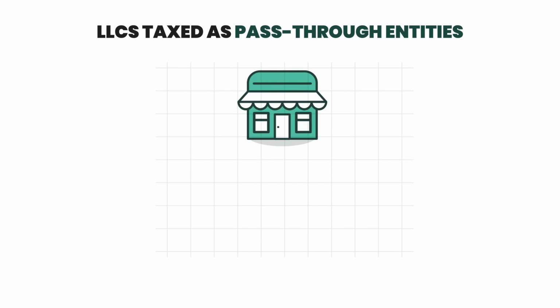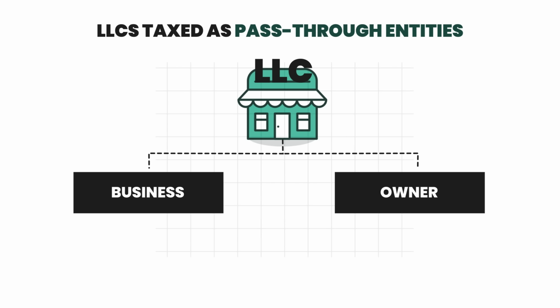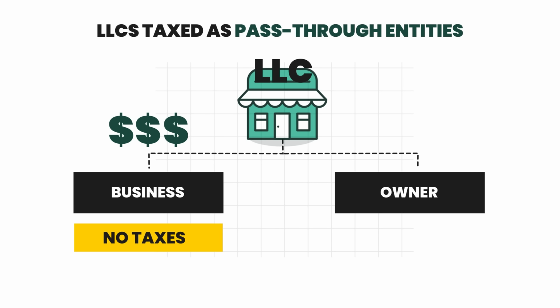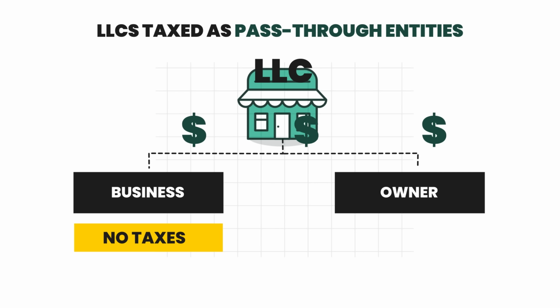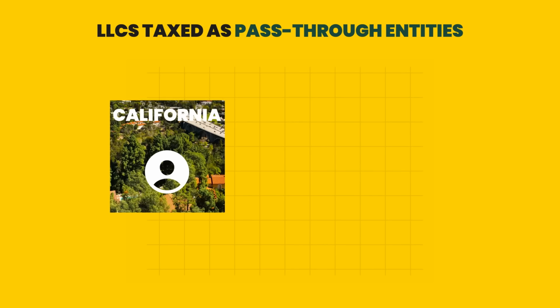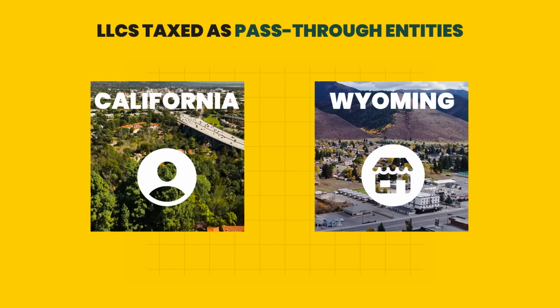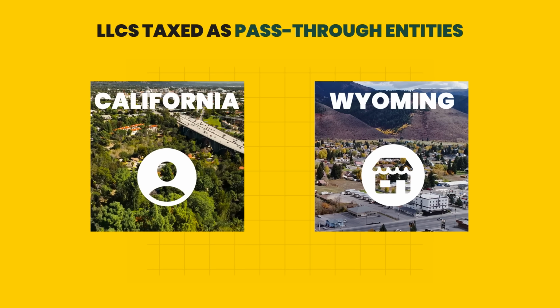For example, most LLCs are taxed as pass-through entities, meaning that 100% of their business income is not taxed at the entity level, but instead it passes through to the owners of the LLC, and they report their share of that income on their personal tax return. So for instance, let's say you live in California, but someone told you to create an LLC in Wyoming because they have no state income tax.